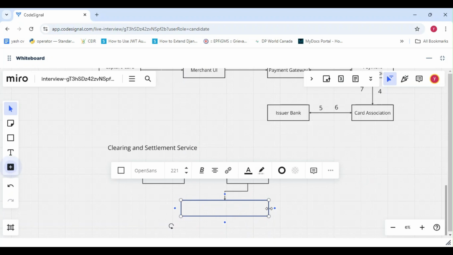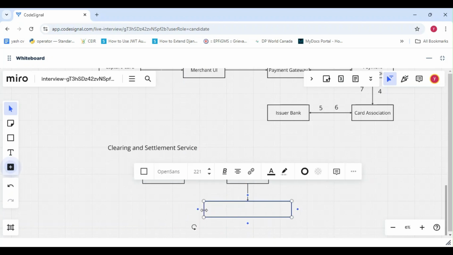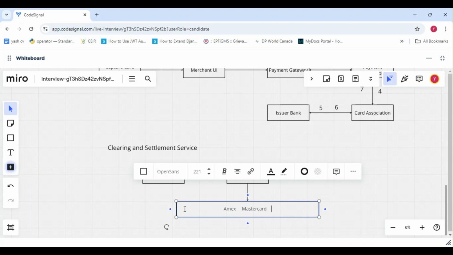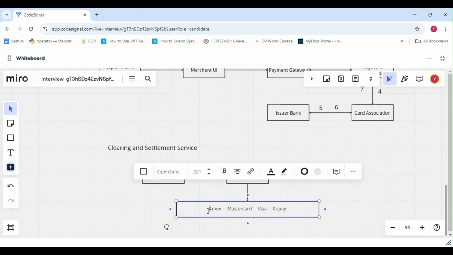Card networks can be anything, so let me write them down: Amex, Mastercard, Visa, then RuPay. So this is our card network.